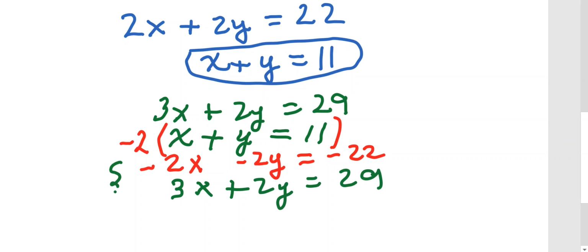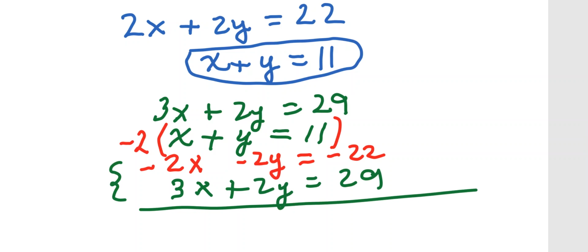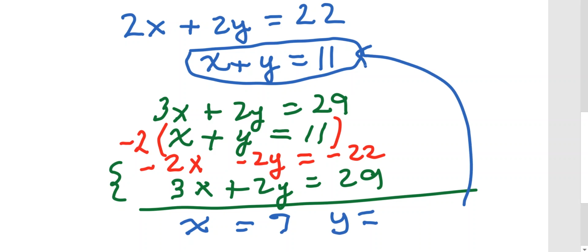So I'm going to add these two, and I'm going to get that x, the y's cancel, equals 7. -22 plus 29 is 7. So if x is 7, what is the value of y? Well, we go to this equation over here and we stick in 7 for x. We can see that 7 plus y is 11, so y has to be 4.